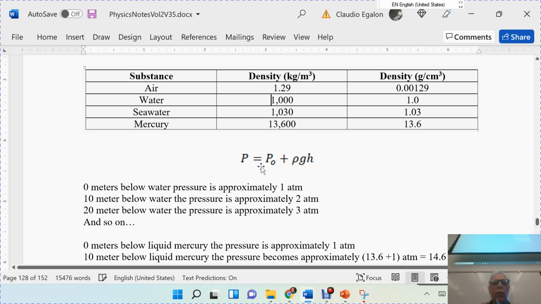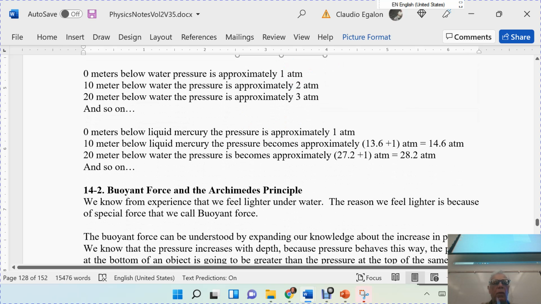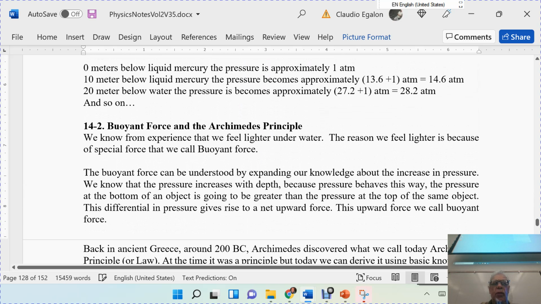Okay, so that's the equation that you have to worry about. I wrote down everything for you here in my notes. And then we can start talking about something else that's called buoyant force.